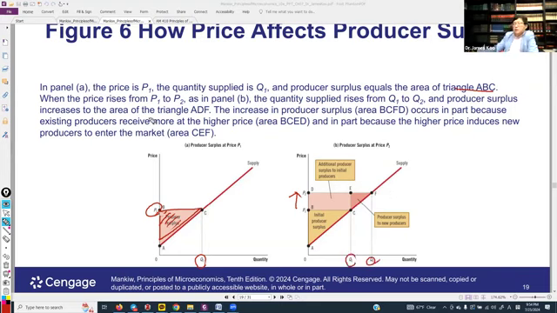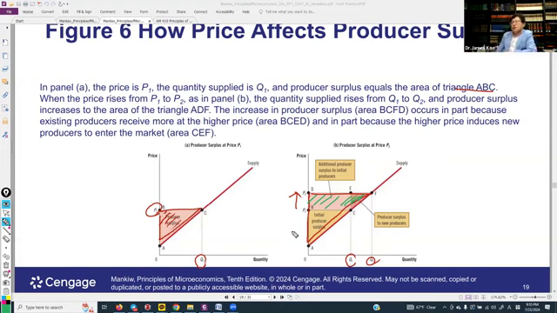Producer surplus increases by the area A, D, B, A, D, F. Yes, this area is the increase. More of this area, extra increase.